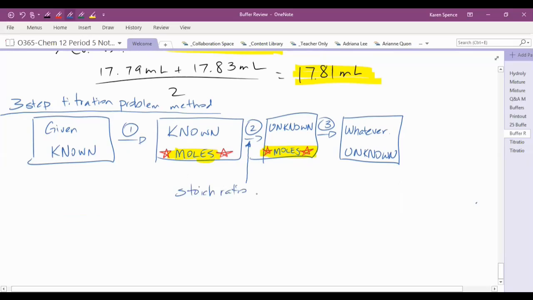From the equation. Yeah, it's from the coefficients of the balanced equation. Okay, so we are going to actually need a balanced equation here.